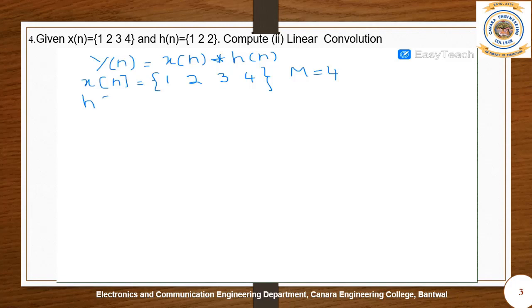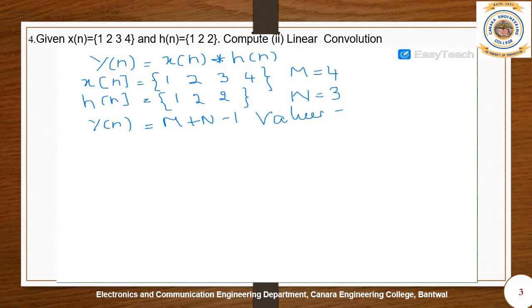H of n is given by 1, 2, 2. Here the value of n is equal to 3. Therefore, y of n should contain m plus n minus 1 values. That is 4 plus 3 minus 1, that is 6 values.